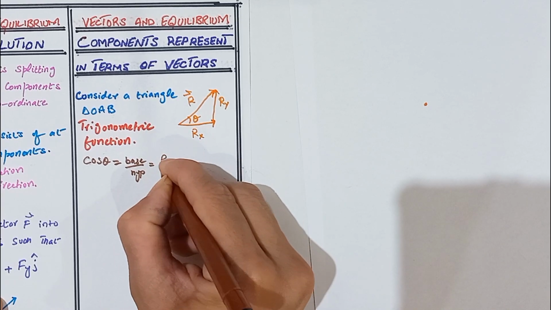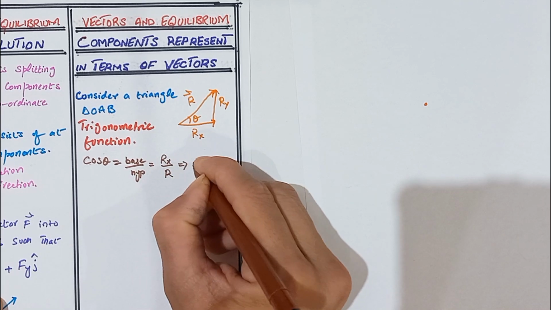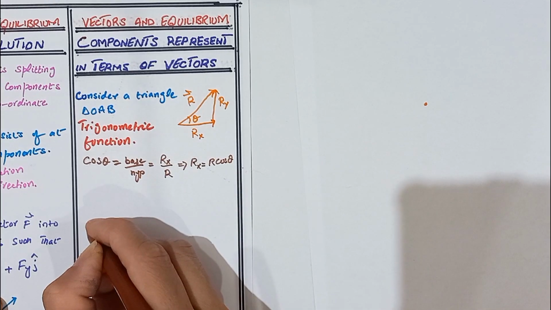Base is Rx, hypotenuse is R. So we can write that Rx is equal to R cos theta.